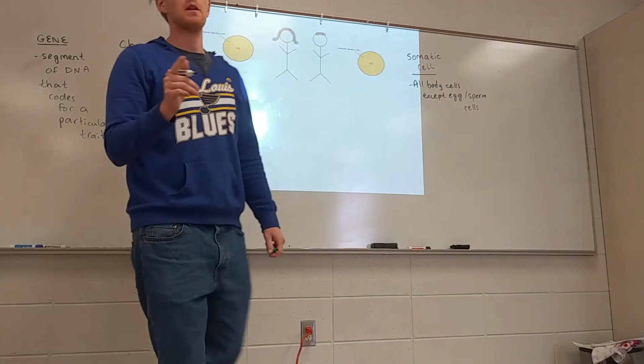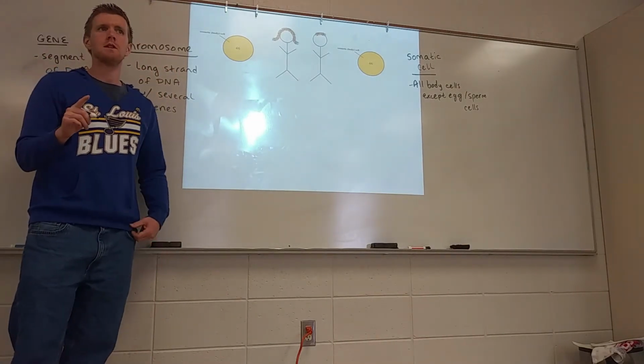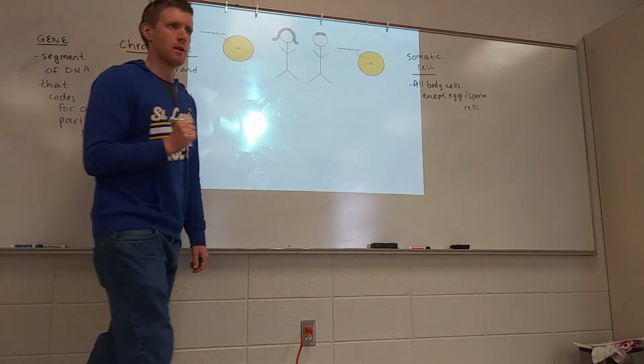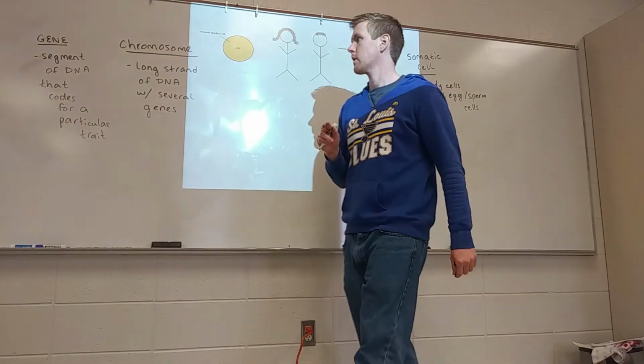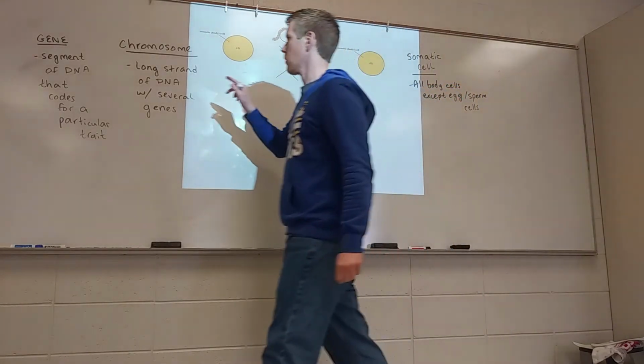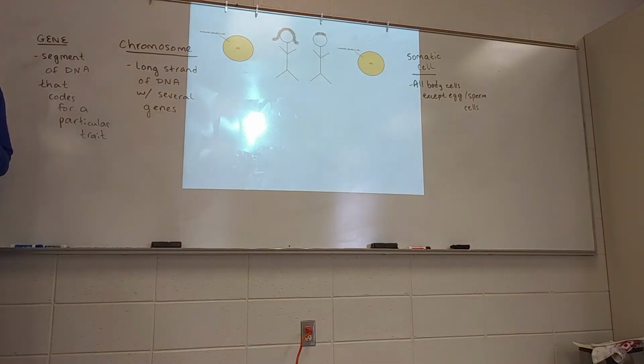And they don't even have to be related. On one particular chromosome, there are the genes that determine what sex you are and whether you can perceive red and green colors. So you can have different genes unrelated to each other on the same chromosome. So a chromosome is a really long strand of DNA with several different genes.